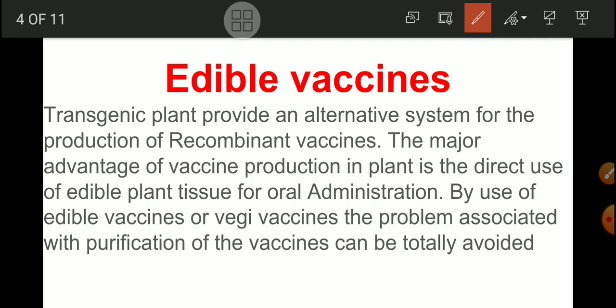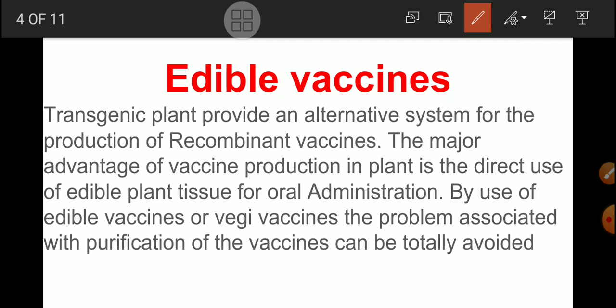But we have to get injected with the help of an injection. But with edible vaccines, in the sense that everybody is able to eat it, we know that right now there is a great problem in producing vaccines in a large quantity. But when we take the help of a plant as a bioreactor for the production of a vaccine, then it would be very easy to multiply or make vaccines available on a large scale.